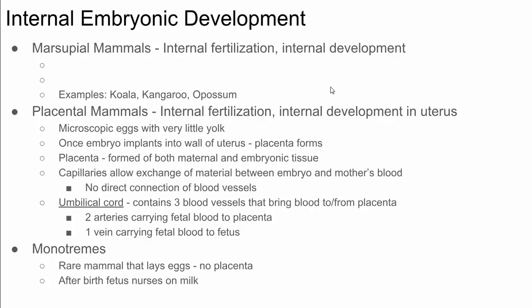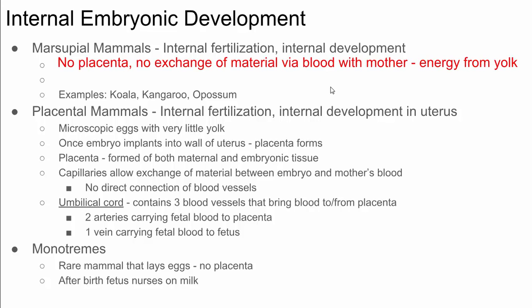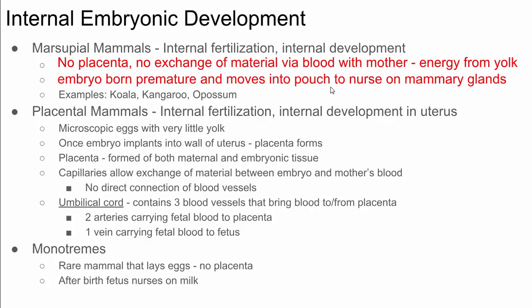Now marsupials have internal development. However, they don't have a placenta to provide the growing embryo with energy and oxygen and so forth. Instead, they give birth to very immature young. The embryo uses a yolk to provide the energy to grow from a zygote into a tiny little organism.